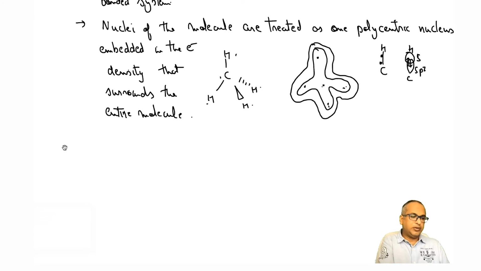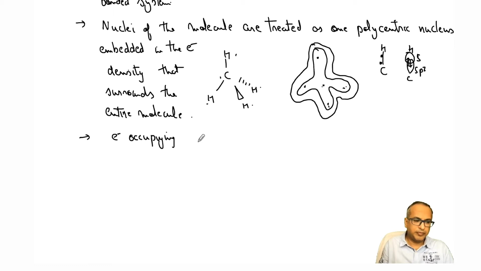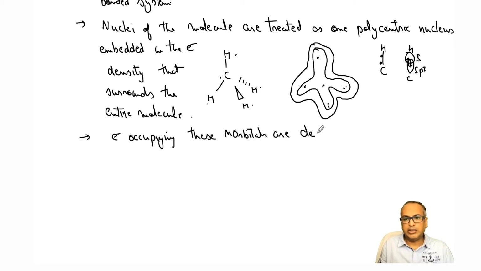Okay, so now let's also look at the basic idea. The electrons occupying these orbitals, the molecular orbitals, are delocalized over the entire molecule.